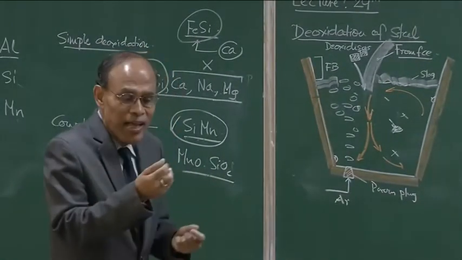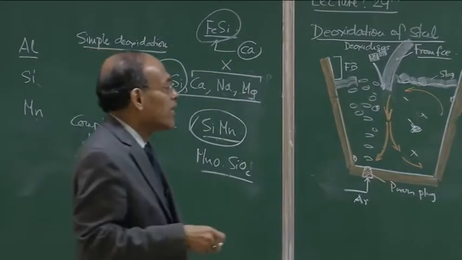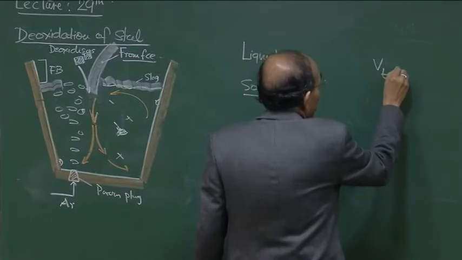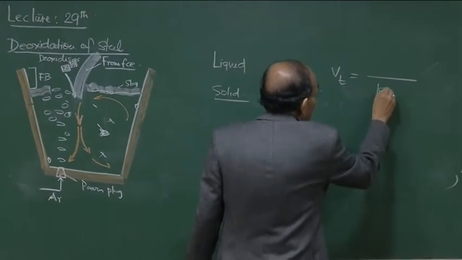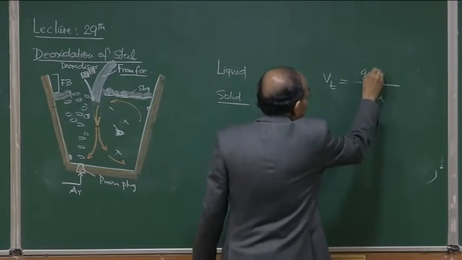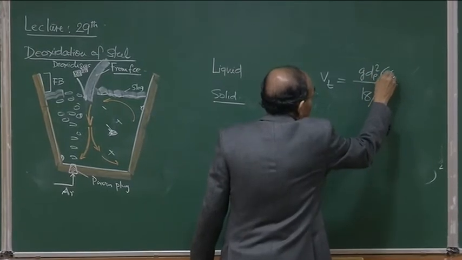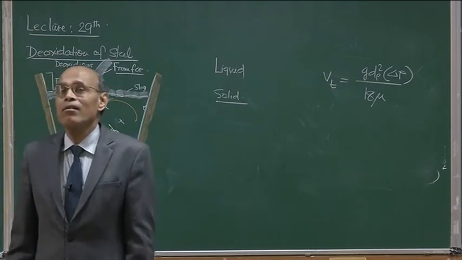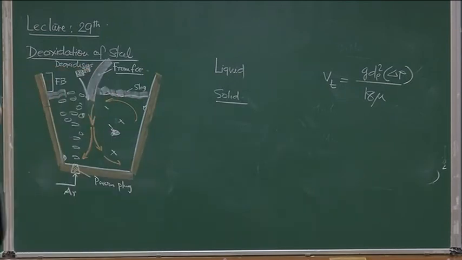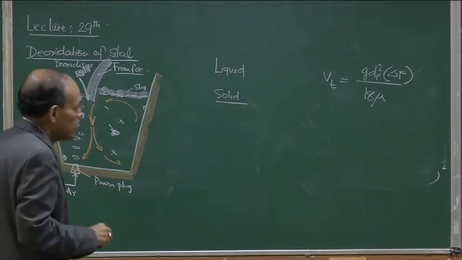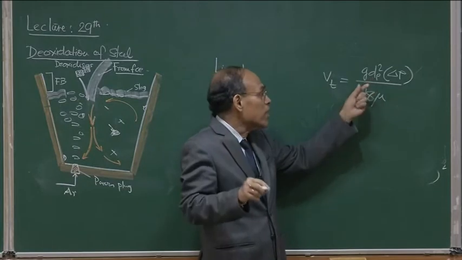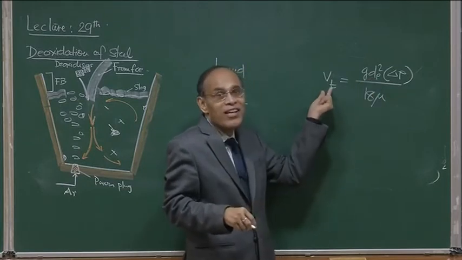They have a rising velocity, they can rise, and the rise velocity you can compute, for example, with Stokes' law, which you can write as something like g dp square, the particle diameter, into delta rho, where delta rho essentially represents the density differential between the deoxidation product and melt, and dp is the particle size of the deoxidation product. The smaller this is, the smaller is the rise velocity.